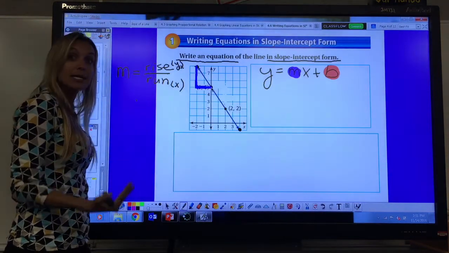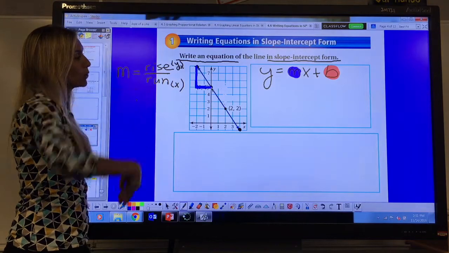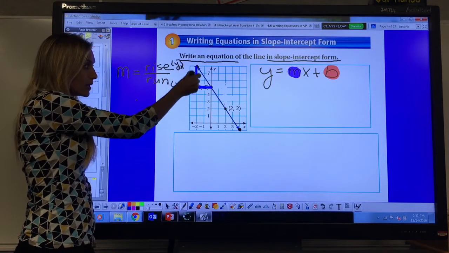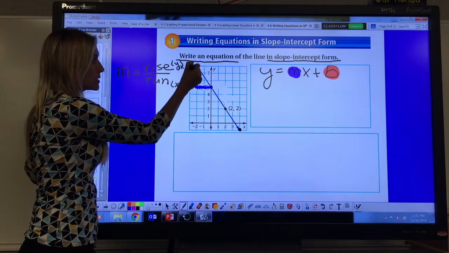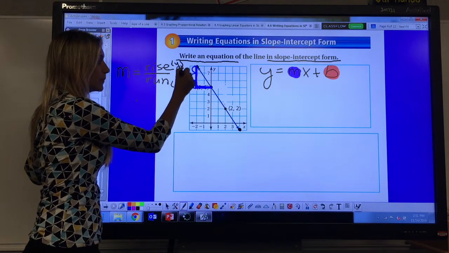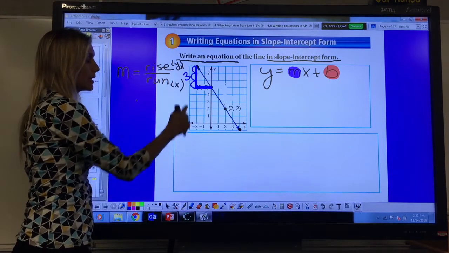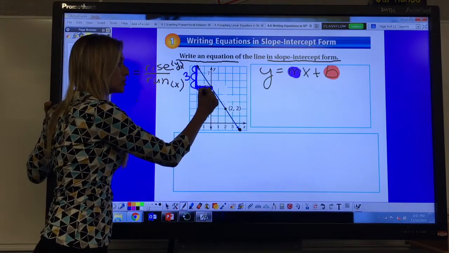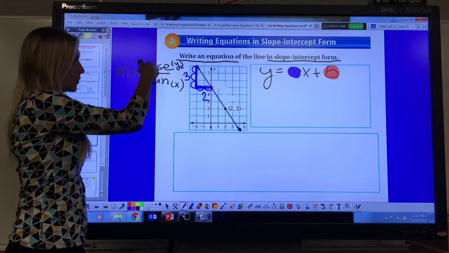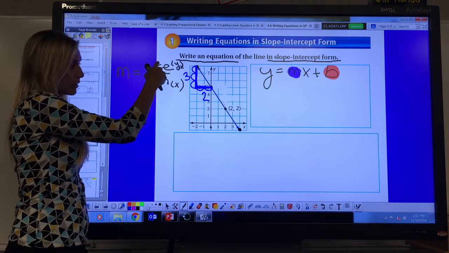Now we just said rise is either up or down, following the y-axis. So it's this line in here, from one point to the next. How many units is that? 1, 2, 3. Then I'm going to look at my run, which is 2 units.